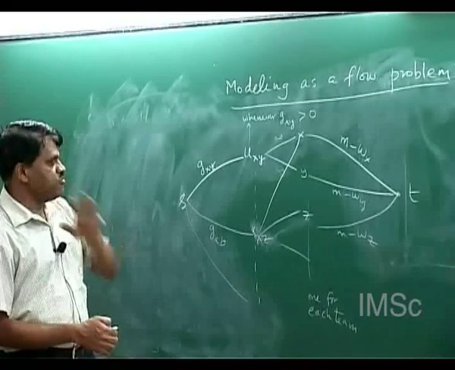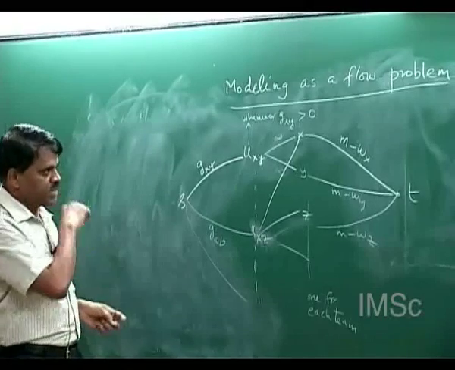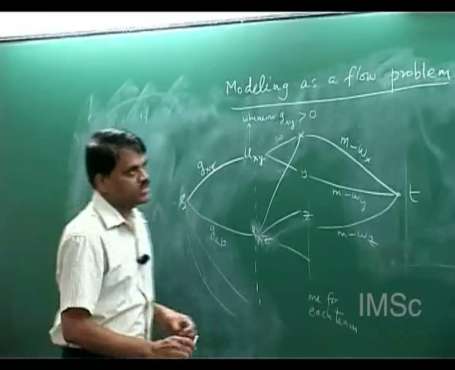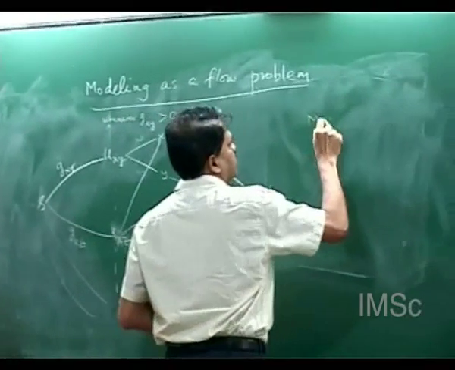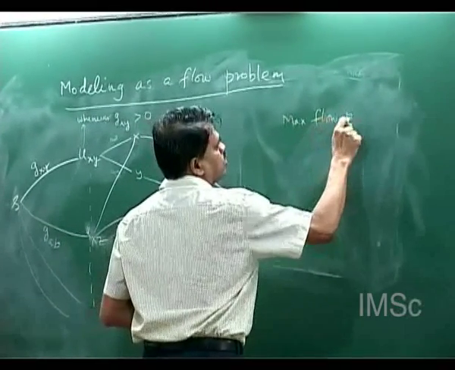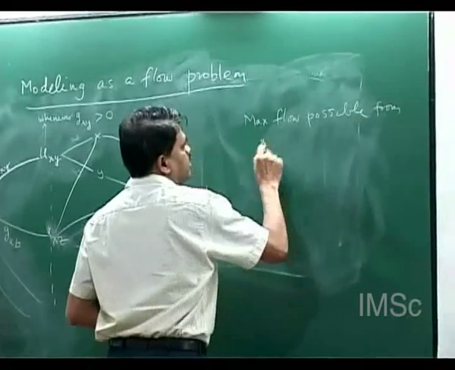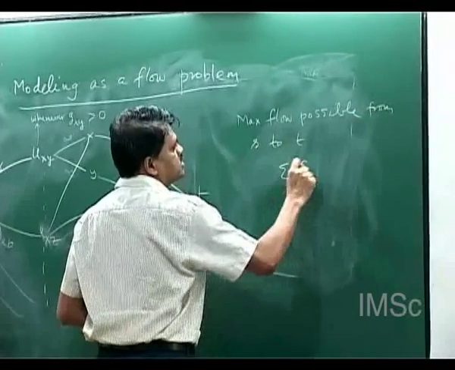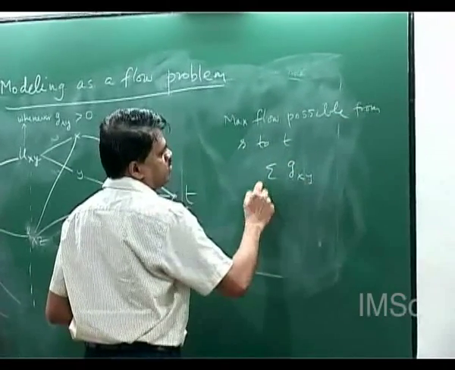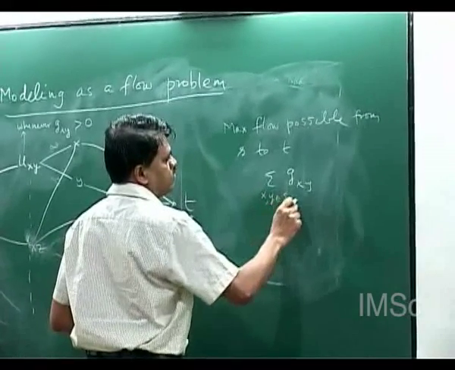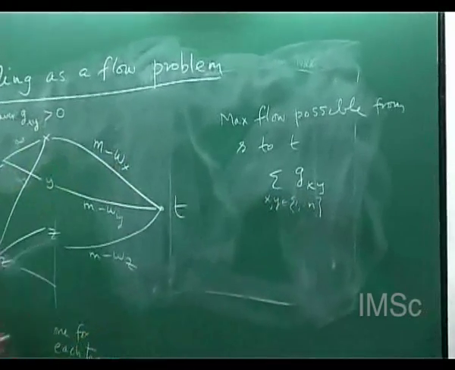So now what can you say? What is the maximum flow possible? If you look at this, the maximum flow possible from S to T is the summation of g_xy.